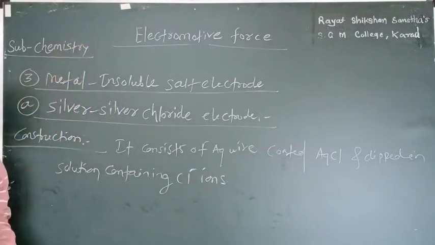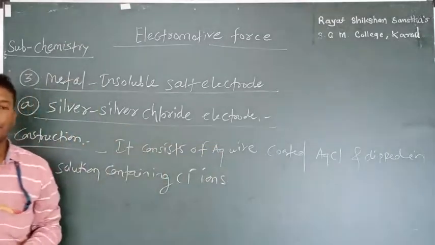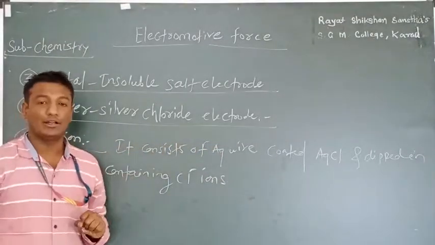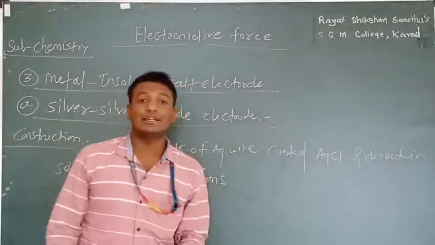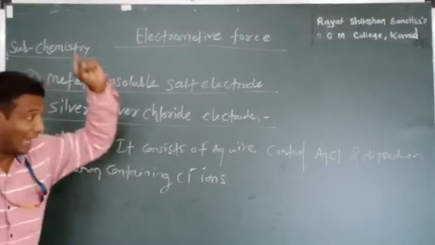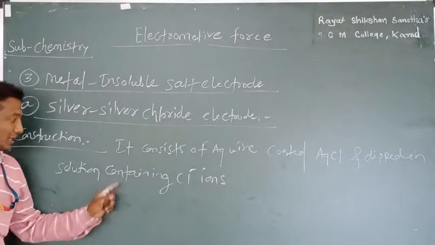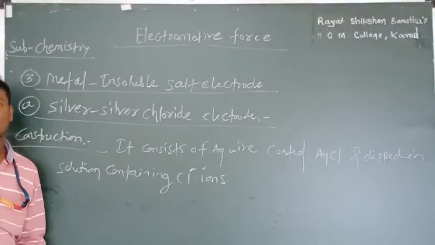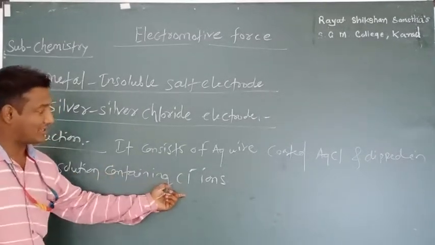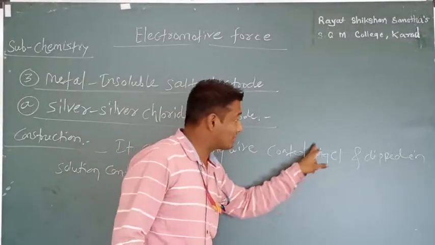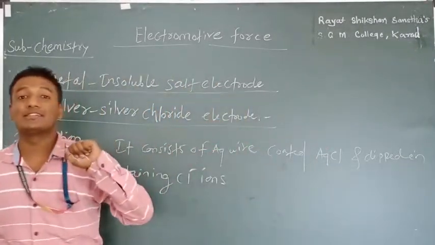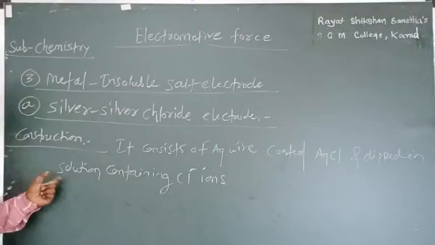Are you getting what I am saying? Now this silver chloride salt contains Cl minus ion, and that ion is common with the solution containing Cl minus ions. Are you getting what I am saying?